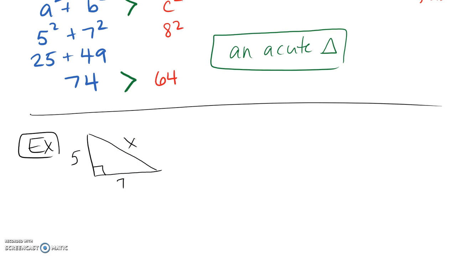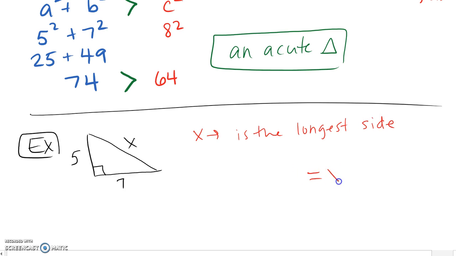The most important thing you can realize is that x is the longest side. If x is the longest side, it has to be isolated by itself in the c squared position. It does not matter which order you put the other ones in.